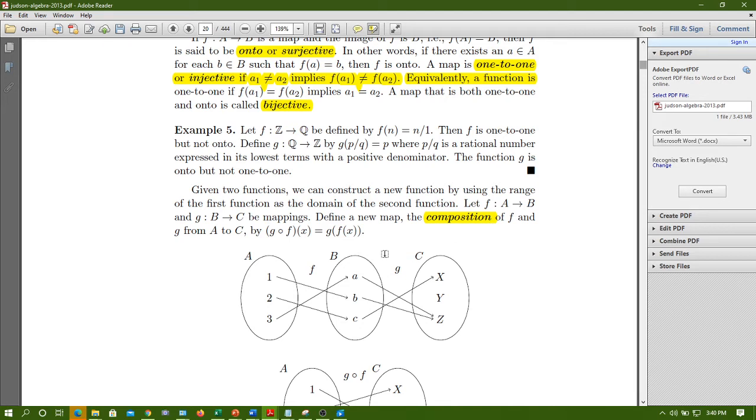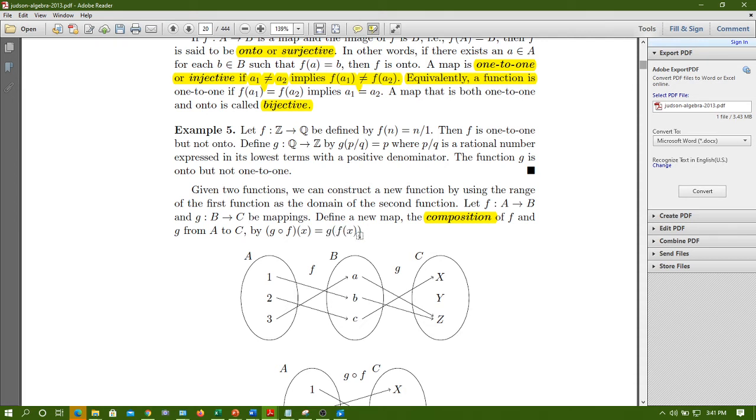A composition of functions is another way to work with functions, where the input of the function is itself a function. That is a composition of functions. Like this: g circle f of x is equal to g of f of x. Notice that g's input is another value, and the x now is f of x.